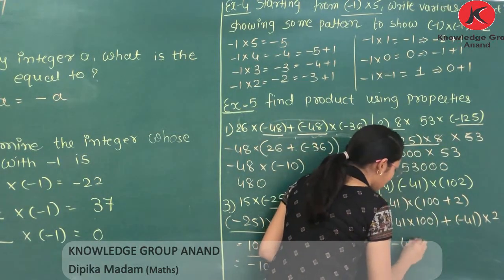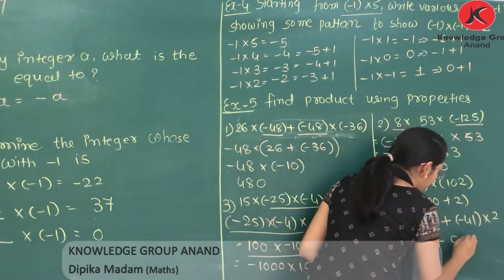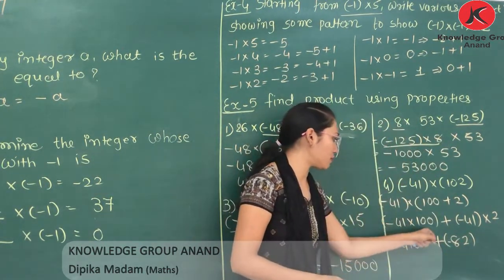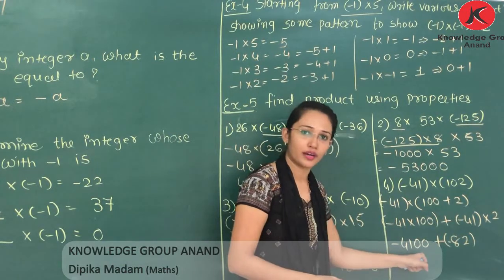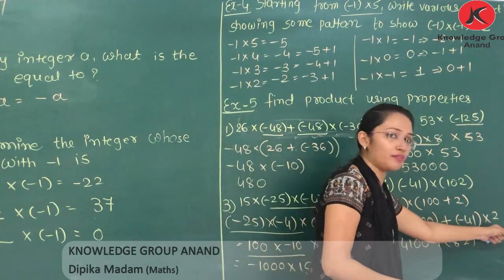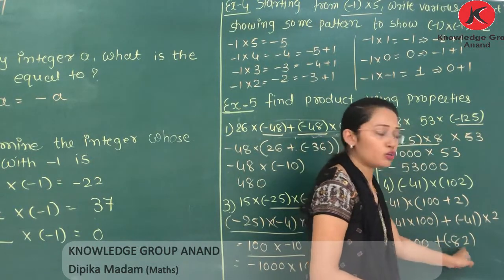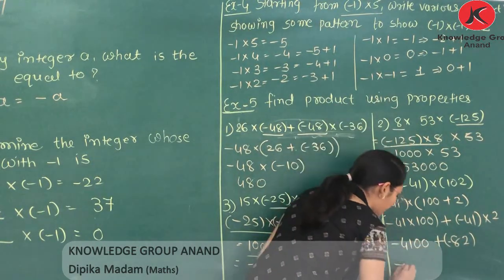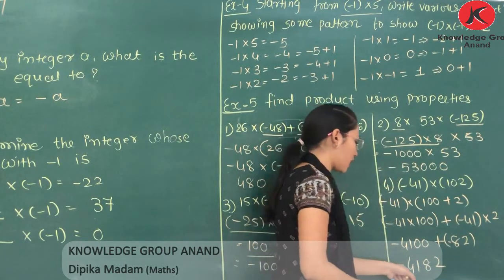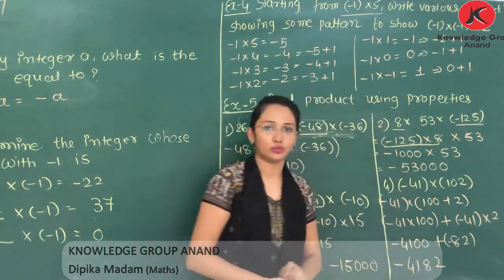Why? Because -41 multiplied with 100 is -4100 and -41 multiplied with 2 is -82. Both are negative, so add the numbers. So the answer is -4182.